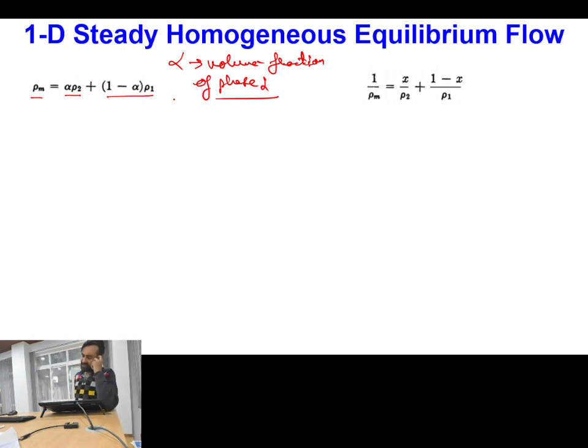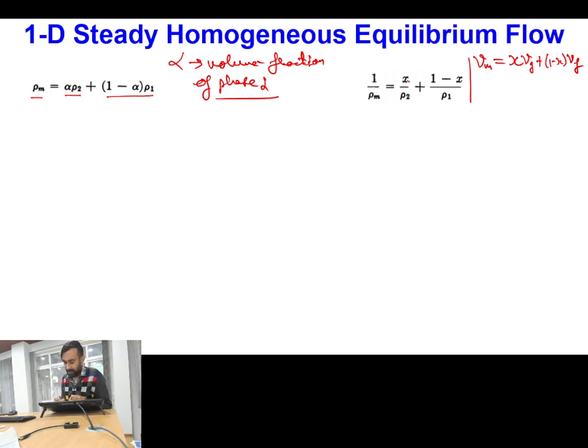Okay, and at the same time we also know, as we do in thermodynamics, that the mixture specific volume Vm is equal to x times Vg plus 1 minus x times Vf. That is something we write in thermodynamics. So this V is nothing but 1 by density.